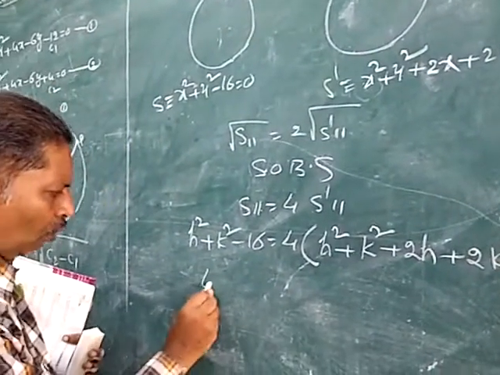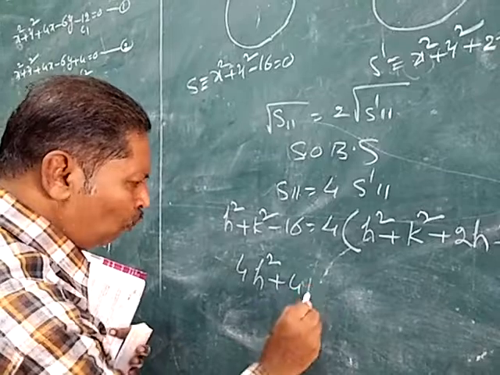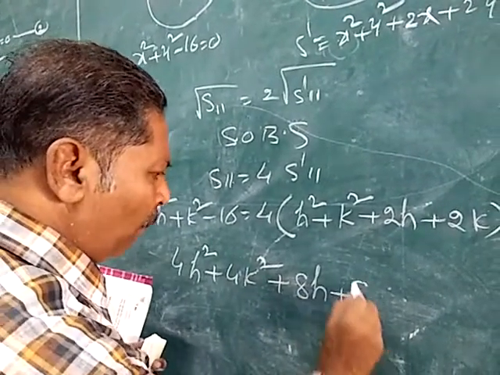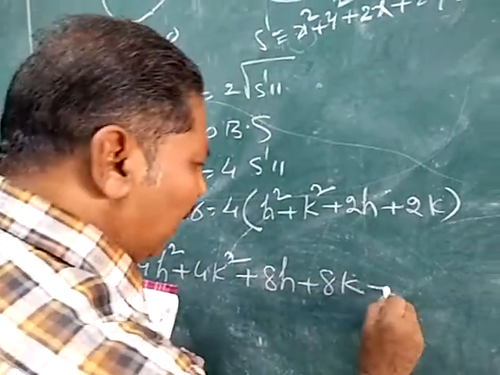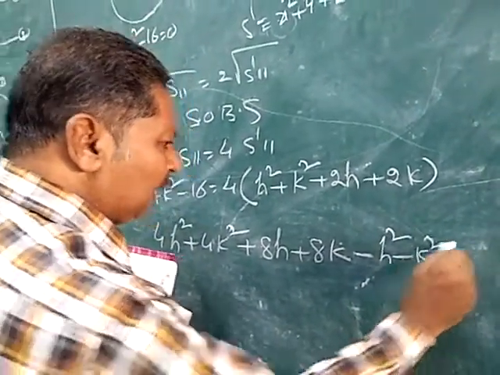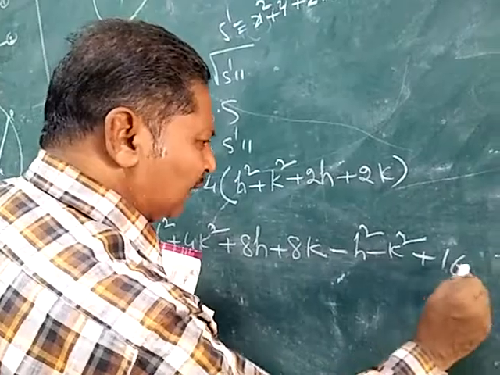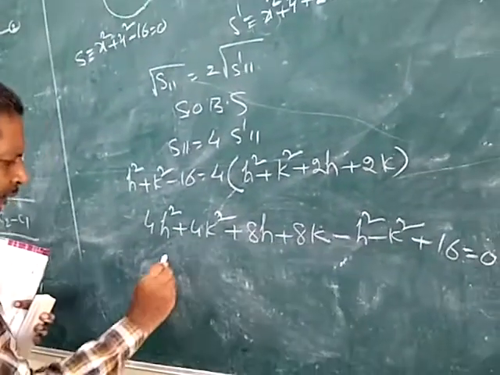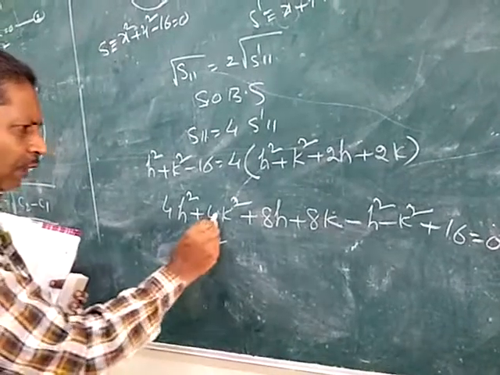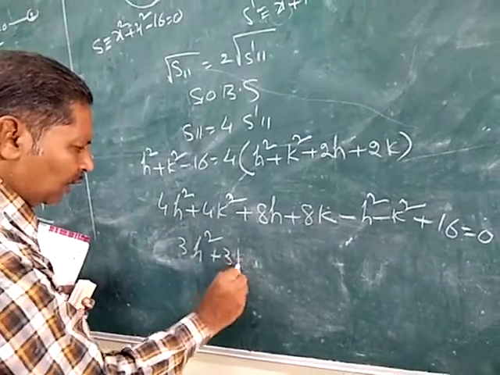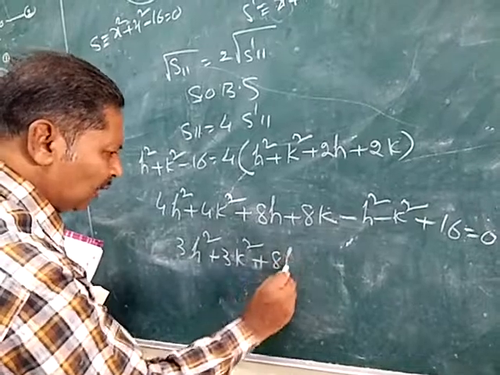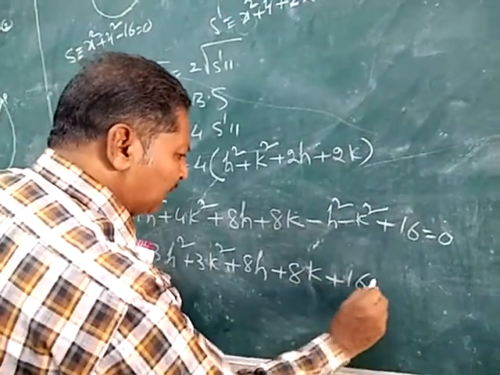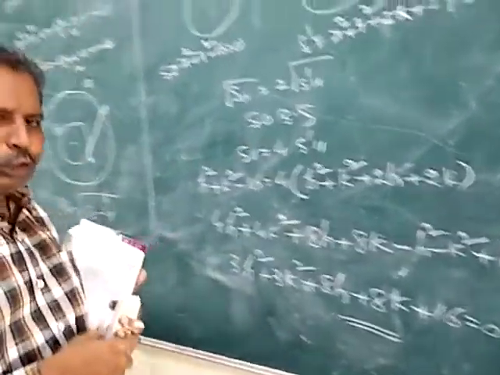Multiplying, 4k square plus 4h square plus 4k square plus 8h plus 8k, minus h square minus k square plus 16 equals 0. 4h square minus h square is 3h square. Similarly 3k square plus 8h plus 8k plus 16 equals 0.